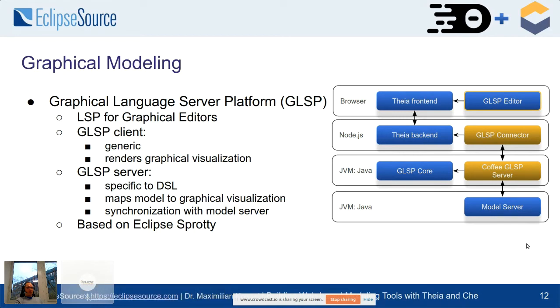Is it a visual change only, or is it a change that changes the semantic underlying model? So did we, for example, change the text of the node? Then it figures out what that means in terms of the model. So in terms of our model, it would mean that the name of an activity changes, and it pushes that change as a command to the model server. In addition, it subscribes to the model server. So whenever the name of one of the activities would update, it would also push that back to the editor.